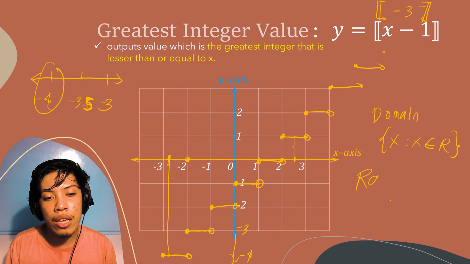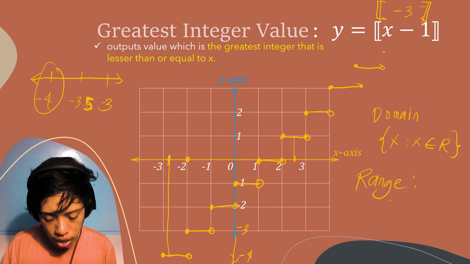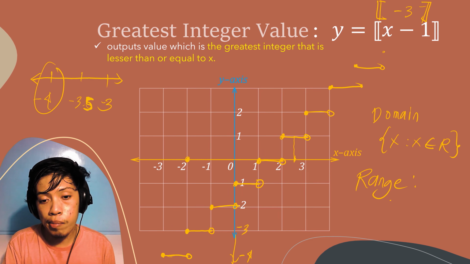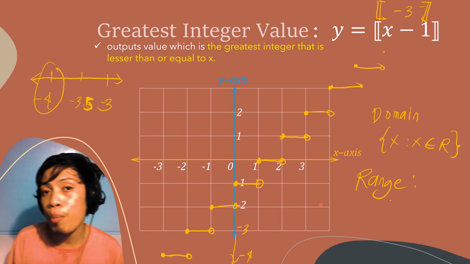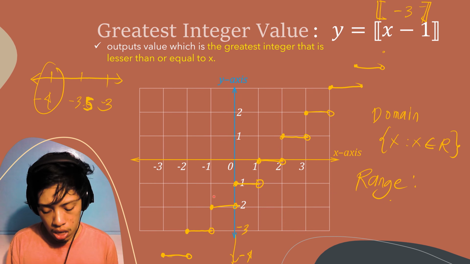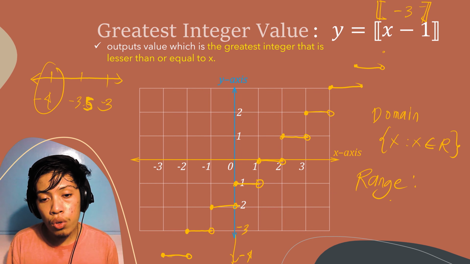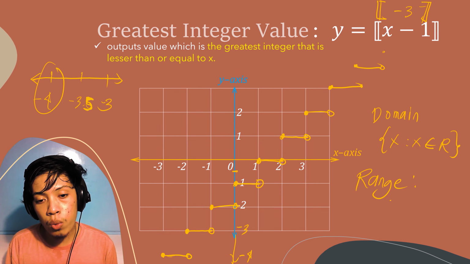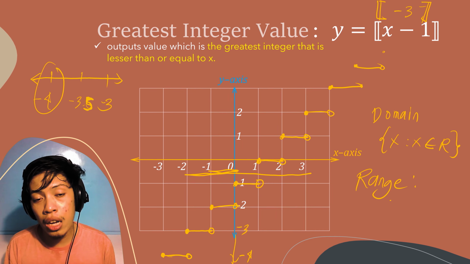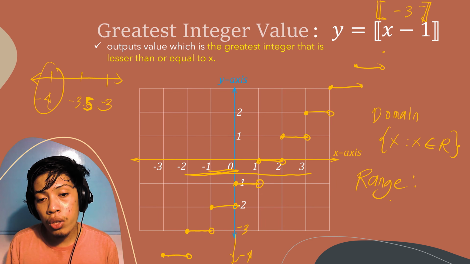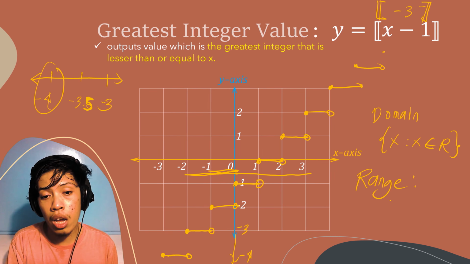How about the range? Let us look at the graph. We are looking for the set of all possible values of y. If you choose this point on y and extend this line, it will not intersect the graph of the function, meaning this point is not a possible value of y. So what are the possible values of y?